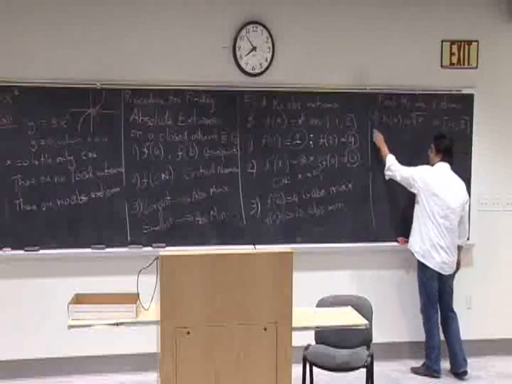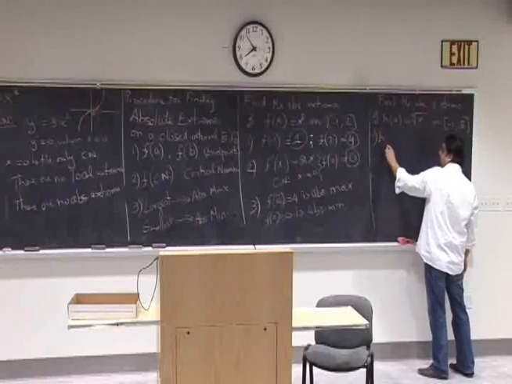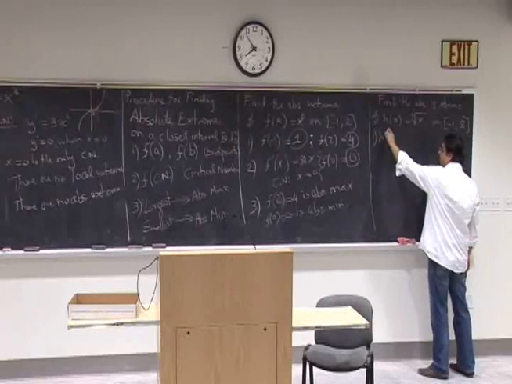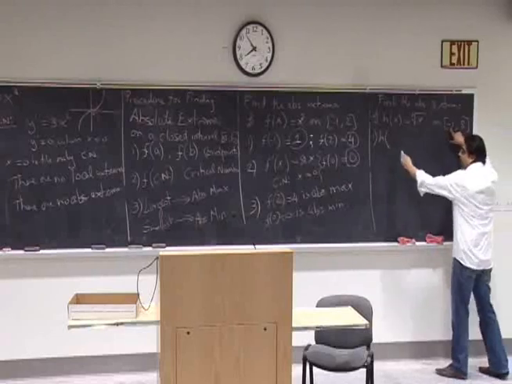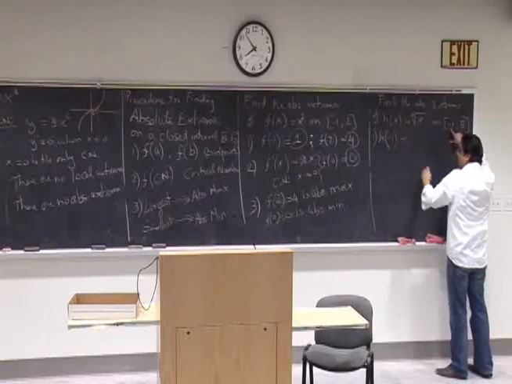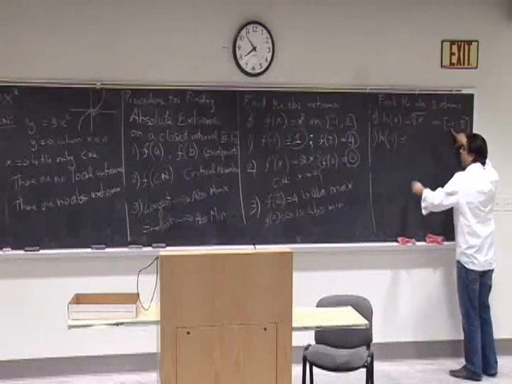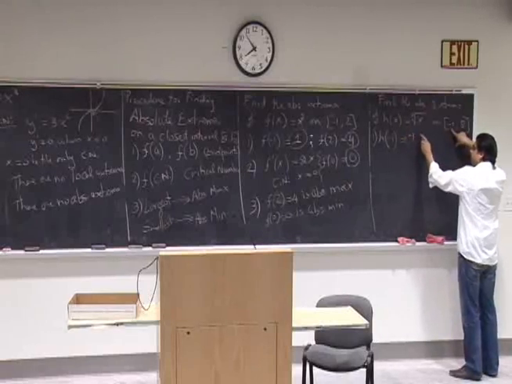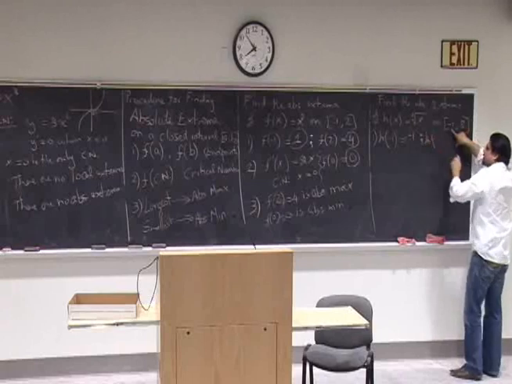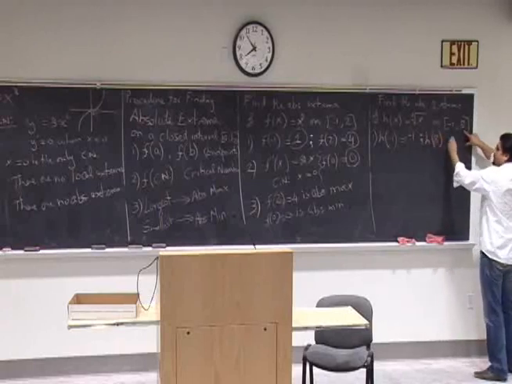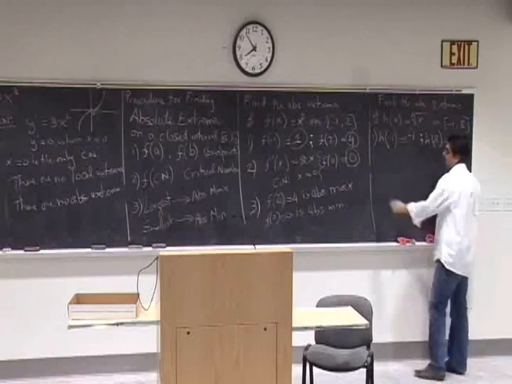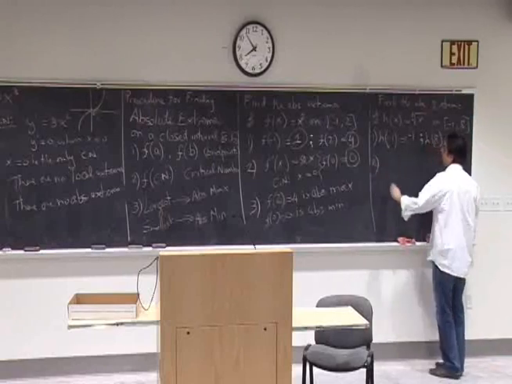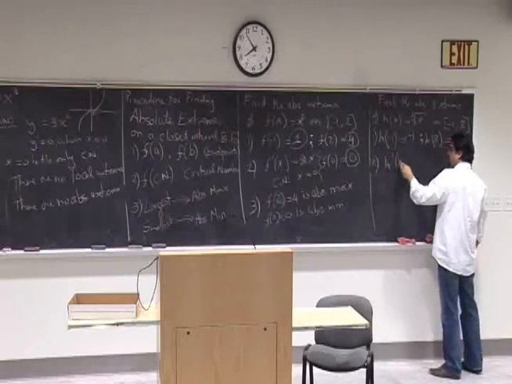Okay, step 1. h evaluated at the endpoints. That's the left endpoint. Cube root of negative 1 is negative 1. h of 8, cube root of 8 is 2. Step 2, find the derivative.